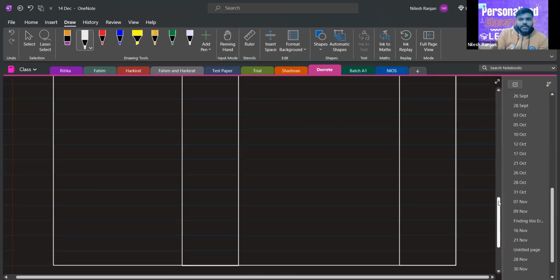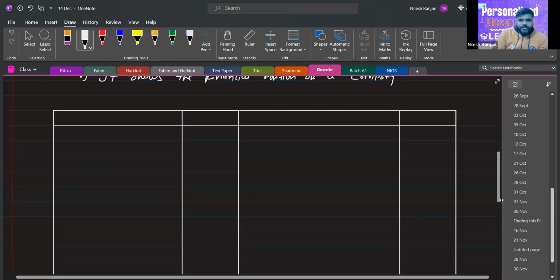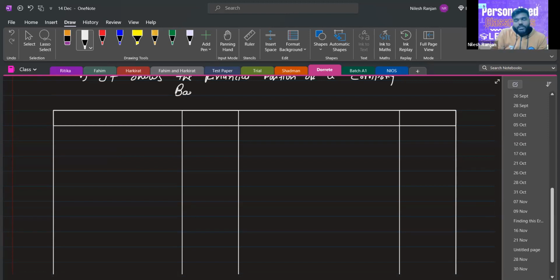So the thing is, whenever we prepare the balance sheet, what items we write in sequence. We make the sequence of the items on this basis. First of all, the heading: balance sheet of the company name or the person name for which you are preparing, and as on the date on which you are preparing.